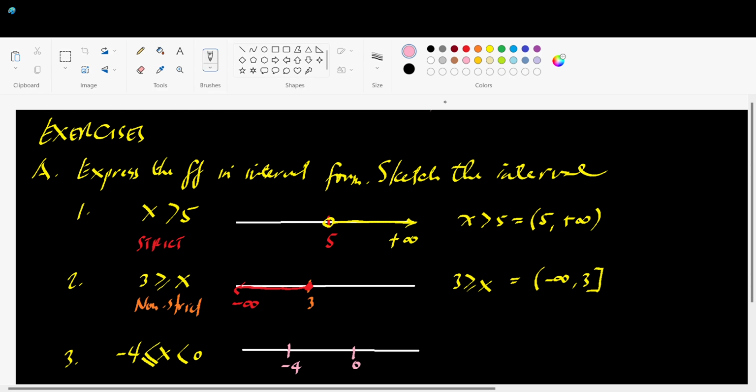Strict at 0, meaning open at 0, but closed at negative 4. And all points in between are included. In interval form, x less than 0 and greater than or equal to negative 4 is equivalent to the interval negative 4 to 0. Closed at negative 4, open at 0.